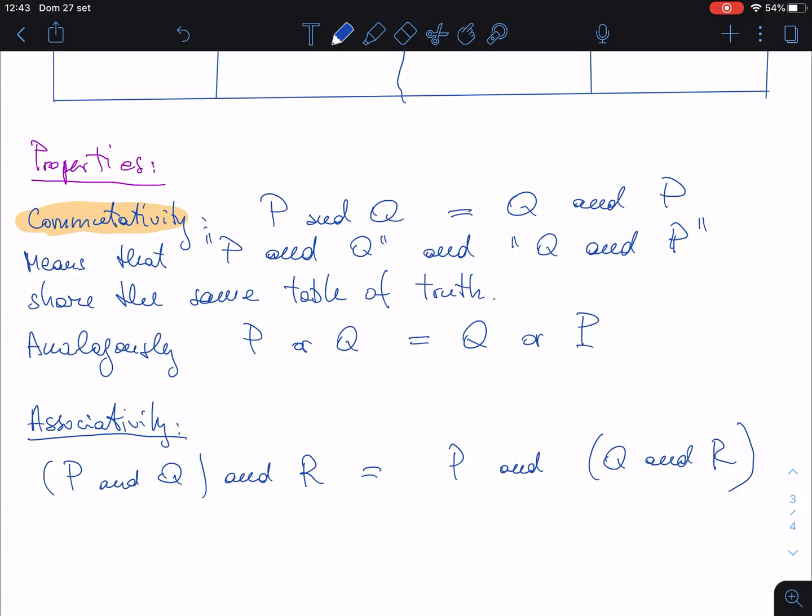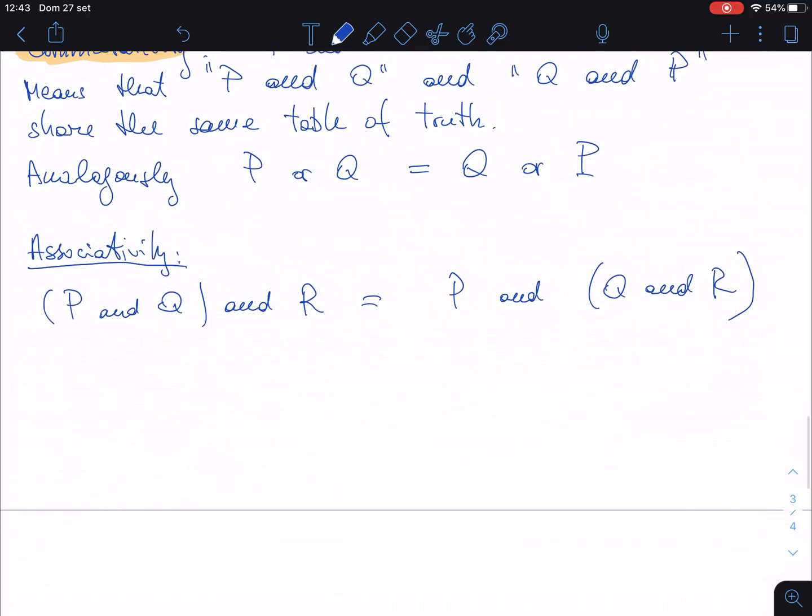What does associativity mean? When you have at least 3 elementary propositions, it does not matter the order in which you perform the operation. Here, in this case, you first perform P and Q. Here, you first perform Q and R, but the result is the same. You can verify it through the table of truth, so you can do it as an exercise.